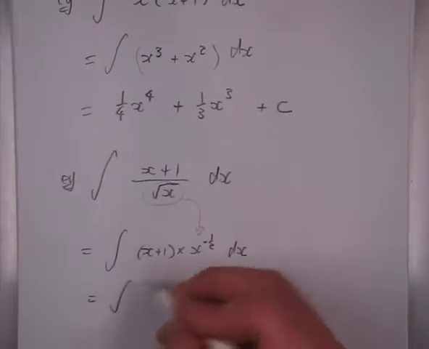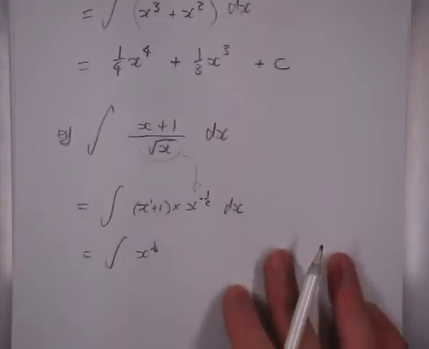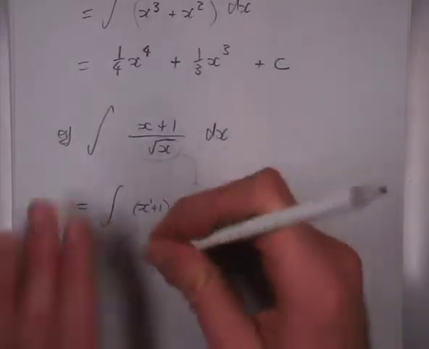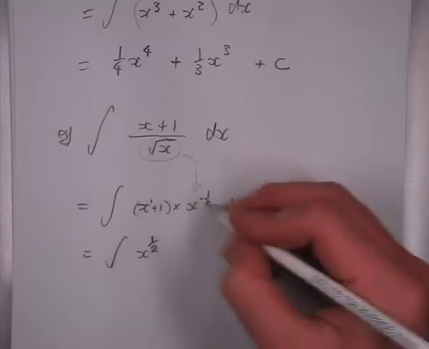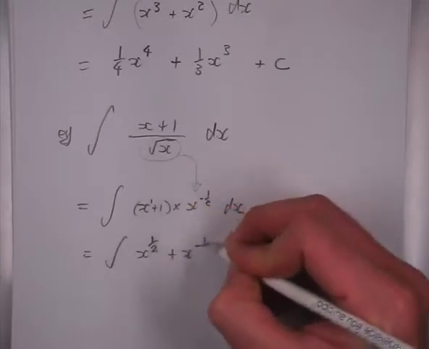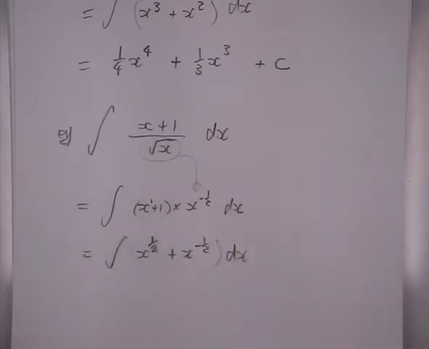And now I can expand the brackets again. x to the 1 times x to the minus a half would be x to the half, because you add the powers. And 1 times x to the minus a half is that. So now I've expanded the brackets.